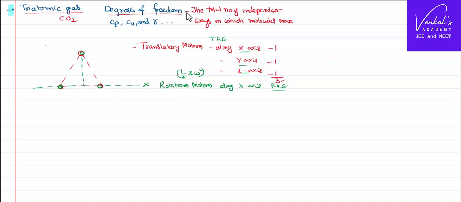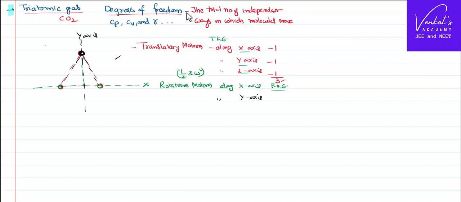Say they are rotating about the y-axis. When you say y-axis, maybe one atom is on the axis, but the other two atoms are at a certain distance. So they definitely possess rotational kinetic energy along the y-axis also.